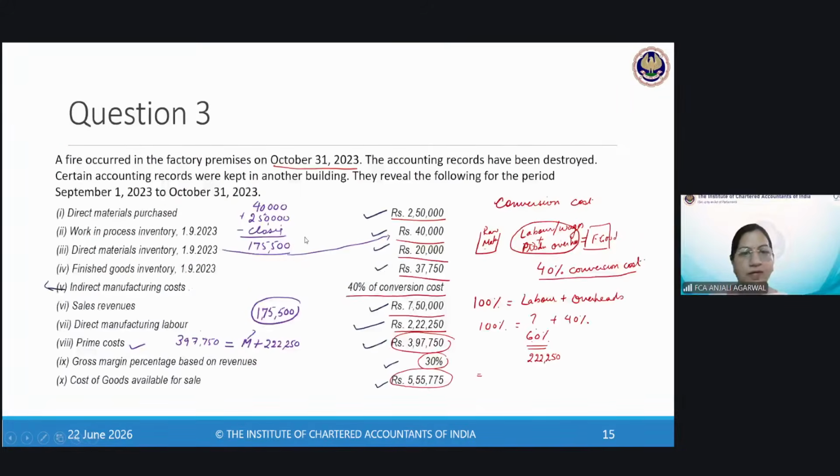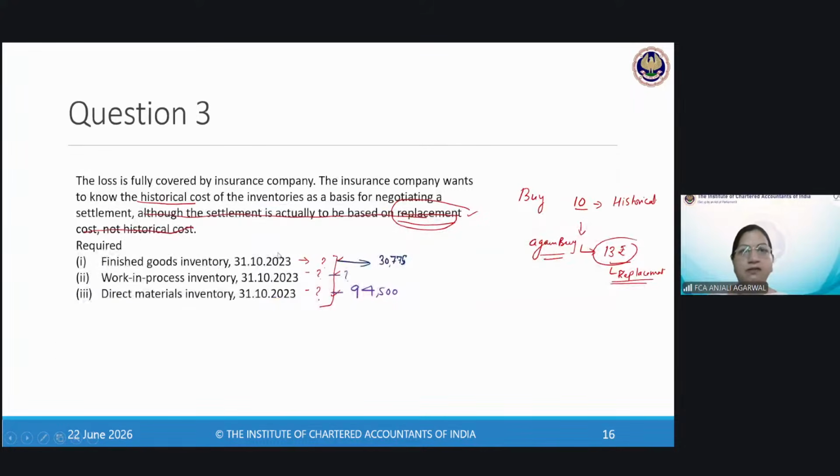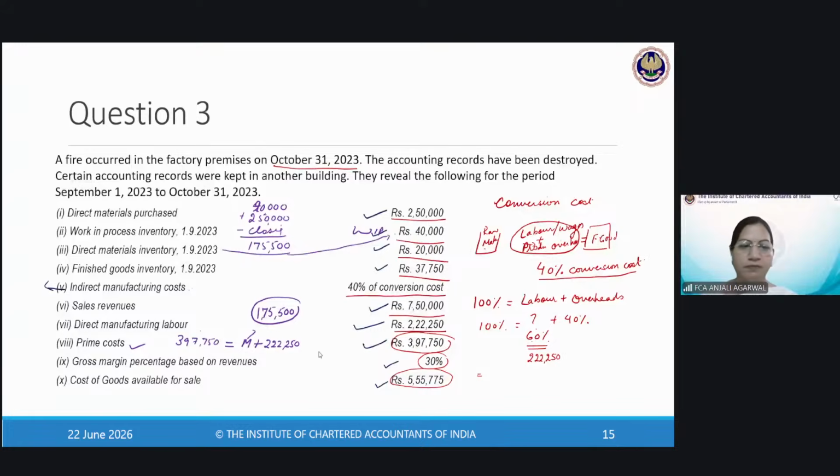Opening raw material is not 40, sorry, it is 20,000. 40 is WIP. So 270 minus 175 is 94,500. Is it clear? So your prime cost is given, labor is given. So it's easy to calculate the raw material consumed. And once raw material consumed is known, it's easy to calculate the closing stock of raw material.